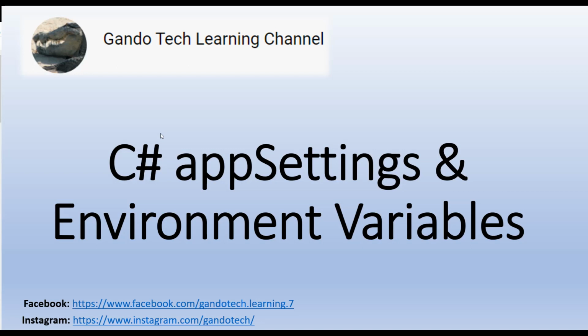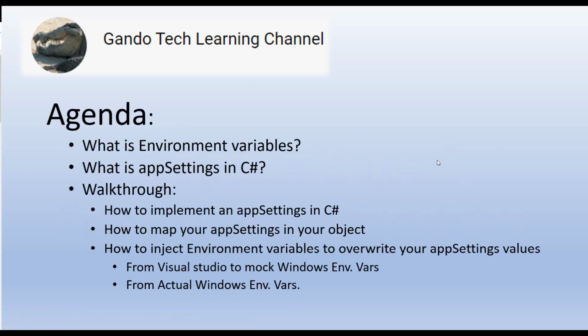Today we're going to start another exciting video in terms of app settings and environment variables within C Sharp. As part of this video, we are talking about what environment variables actually are and what app settings are in C Sharp.